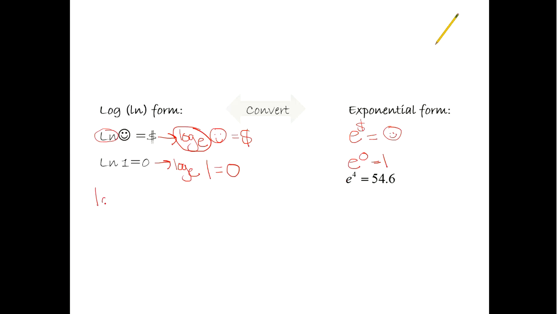So it's going to be log base e of the 54.6 equals my exponent, so 4. So e to the 4 equals 54.6. That's what we got. Now log base e, that is not simplified. We're going to convert that so it is ln of 54.6 equals 4. Because remember, guys, ln and log base e are exactly the same thing. No difference there.